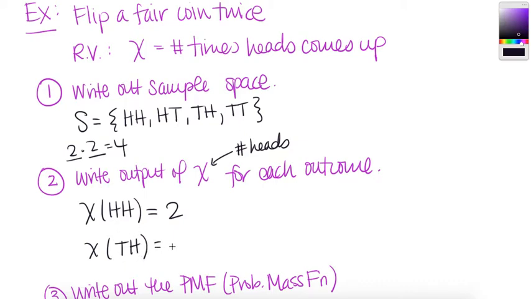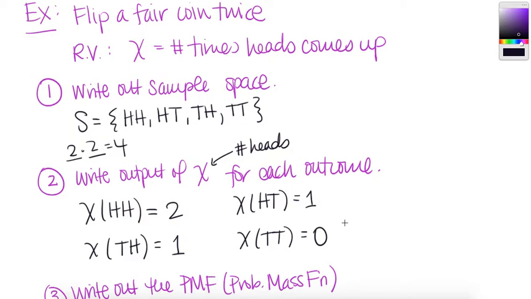How many heads do we have here? 1. What is going to happen if we do heads and then tails? Well, we also just got heads a single time. And what is going to happen if we flip tails twice? Well, we didn't get heads at all, so our random variable there would be 0.